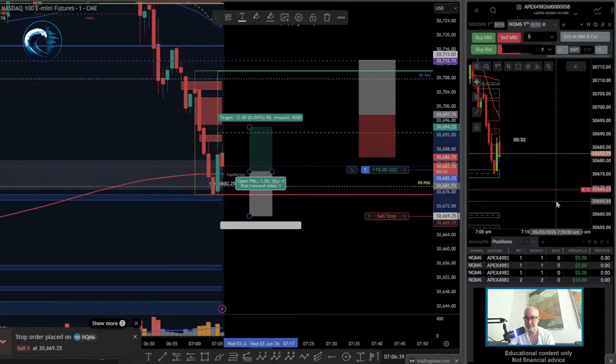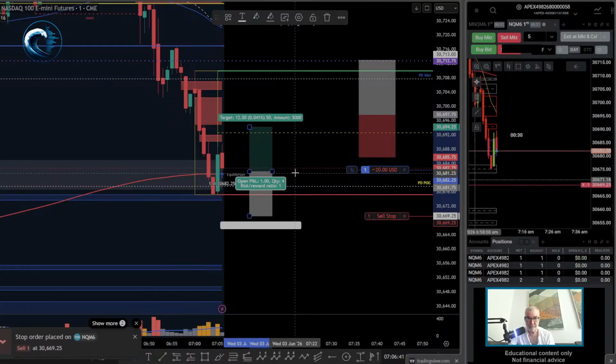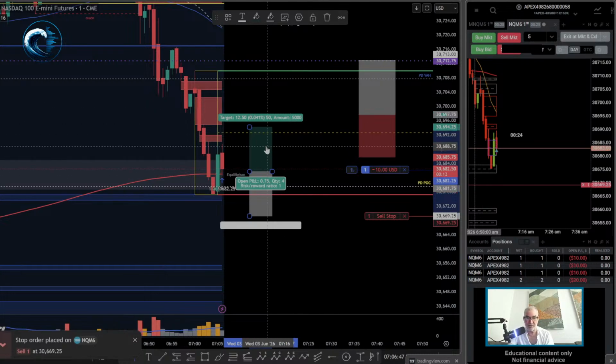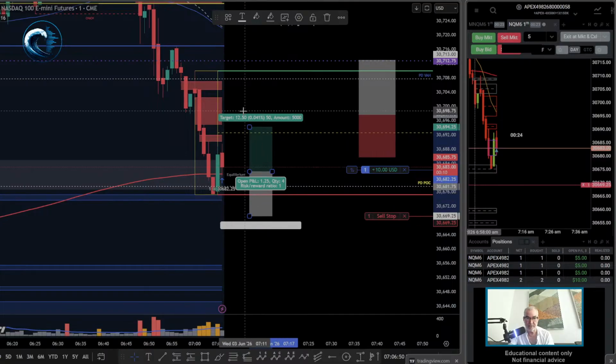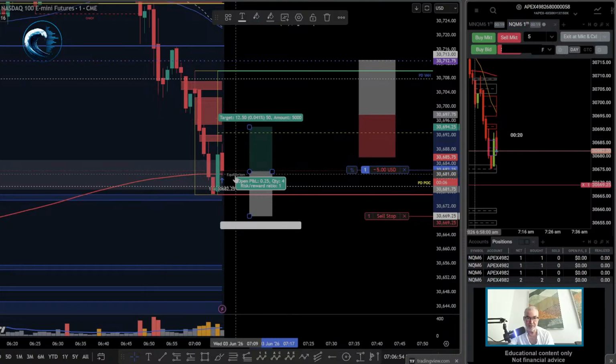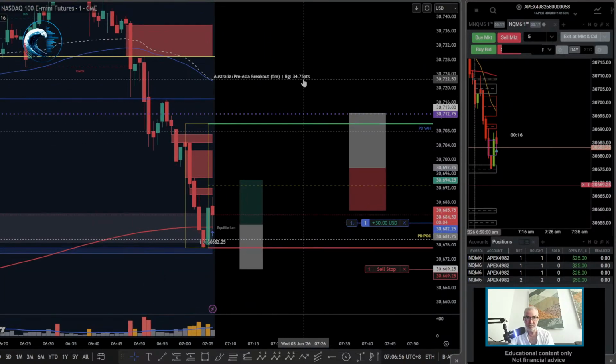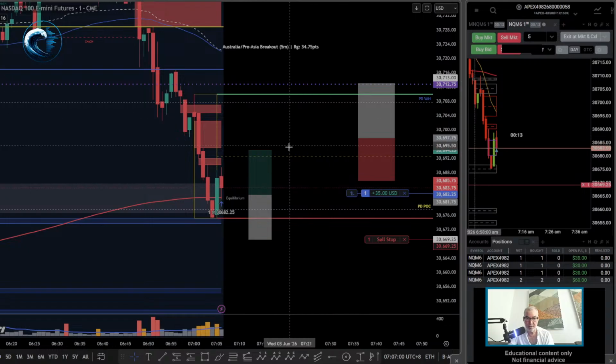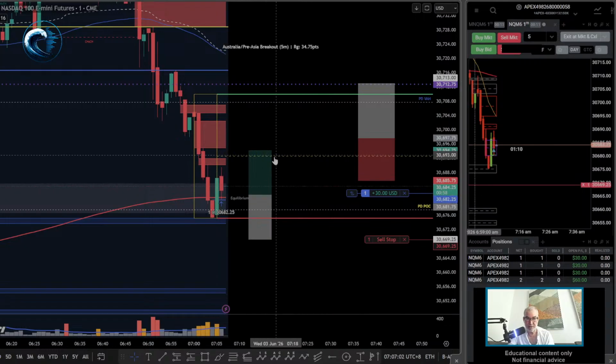Order working. And we're in the ORB, so I'm banking on it just structurally staying within this 5-minute ORB, which was 34 points. So I want to get out.